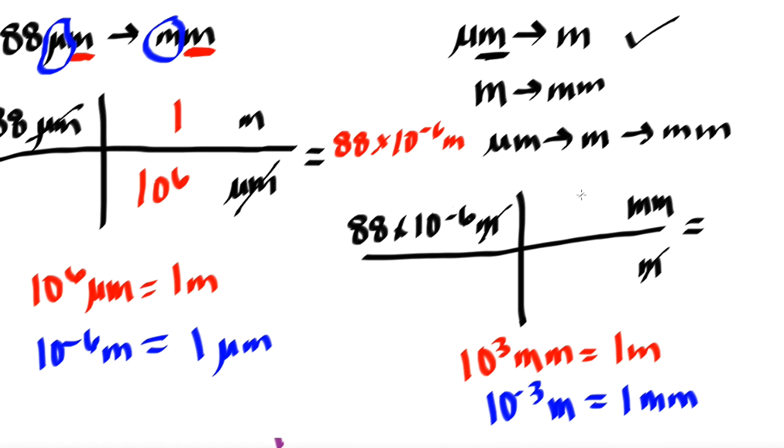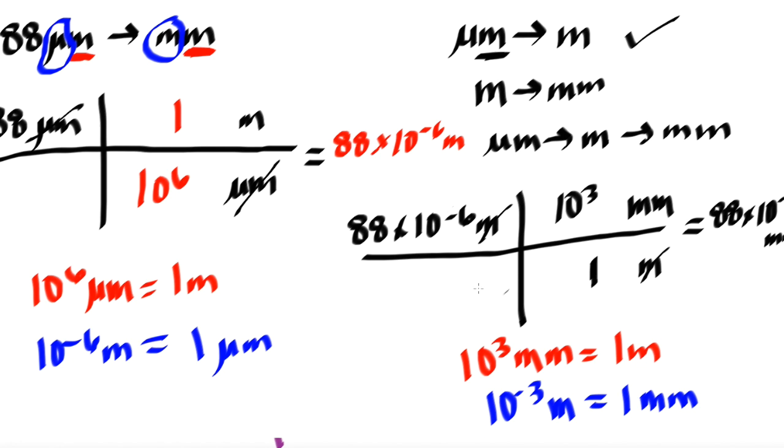I'm going to use the red one. 1 goes next to this larger, and then you have 10 to the 3rd. So I'm just going to add across here the exponents. Remember, when you're multiplying, you add exponents. So 88 times 10 to the negative 6 times 10 to the 3rd. You can just plug this into your calculator, but you will get 88 times 10 to the minus 3 millimeters.